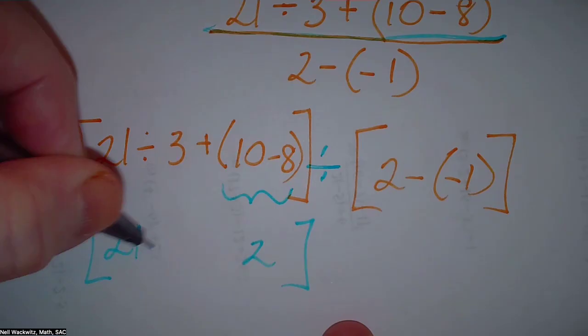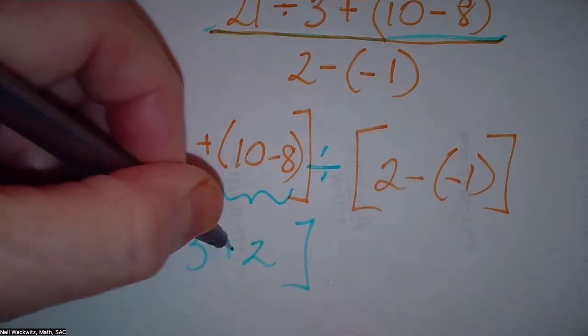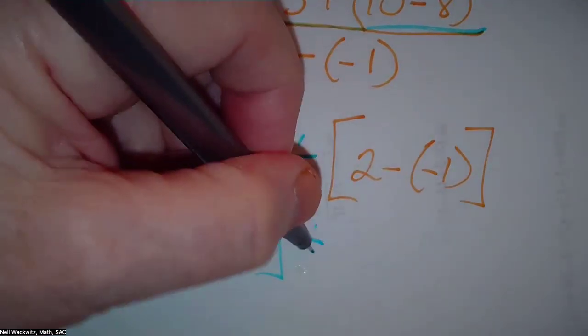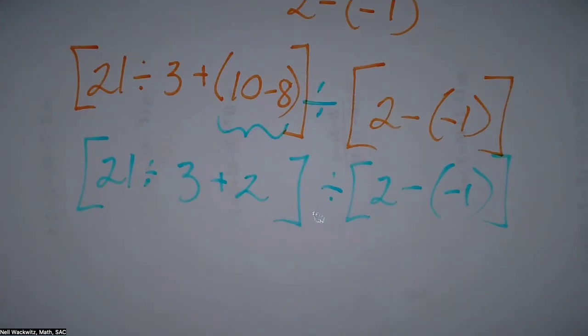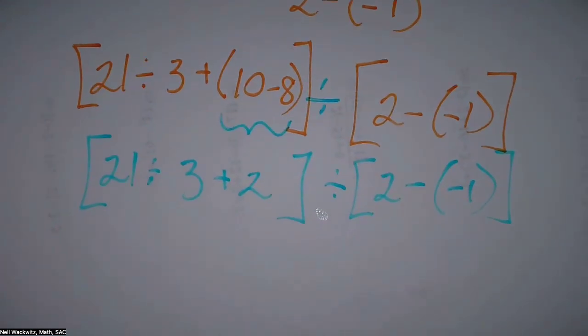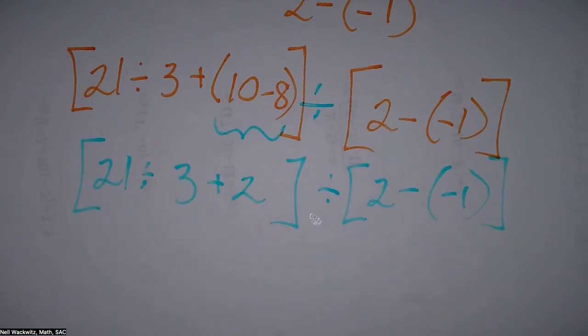And I'm just going to copy down where we are. Okay. What's next? 21 divided by 3, which will come out to 7. Perfect.